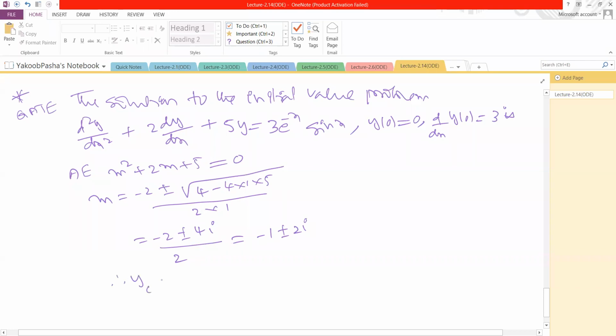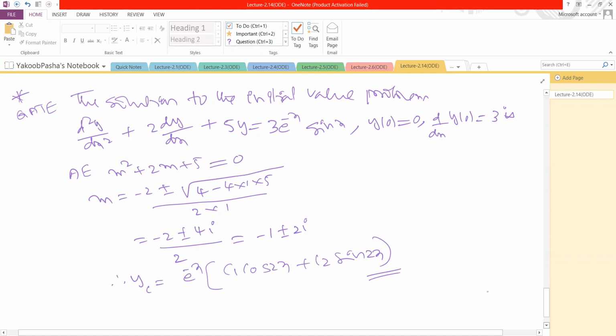Therefore, we can write the complementary function as yc = e^(-x)(c1 cos 2x + c2 sin 2x). This is the complementary function.